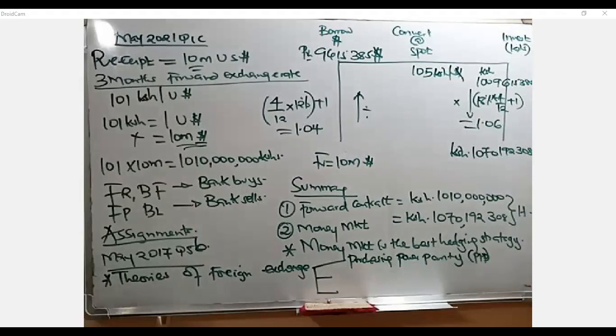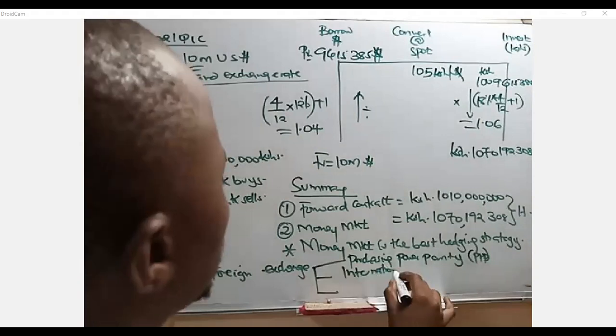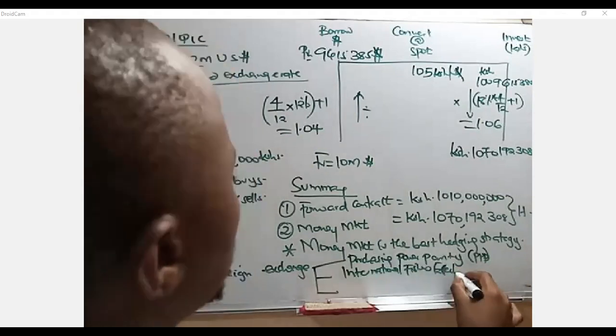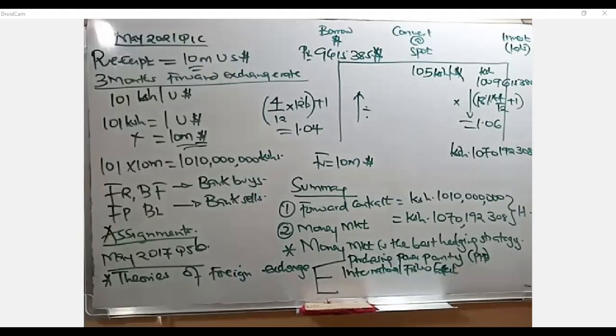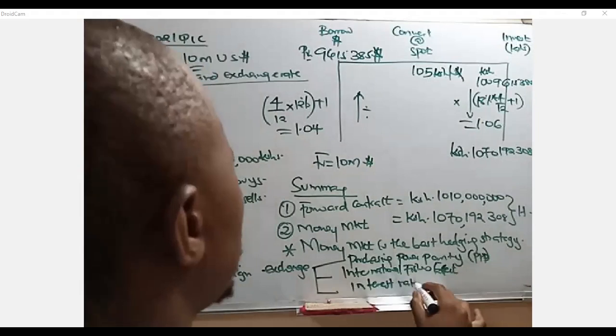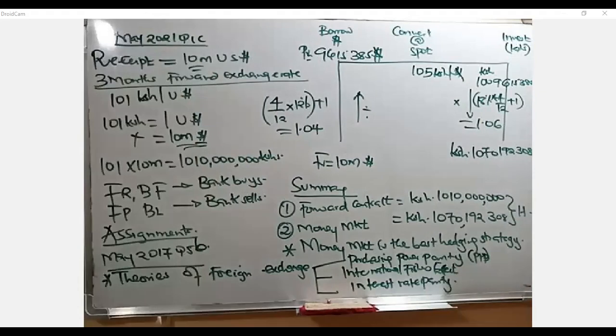Then number 2, we are going to be looking at the international Fisher effects. And also we are going to be checking the interest rate parity. We are going to be analyzing the 3.